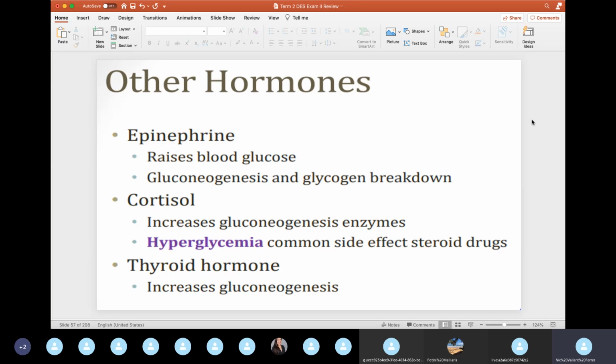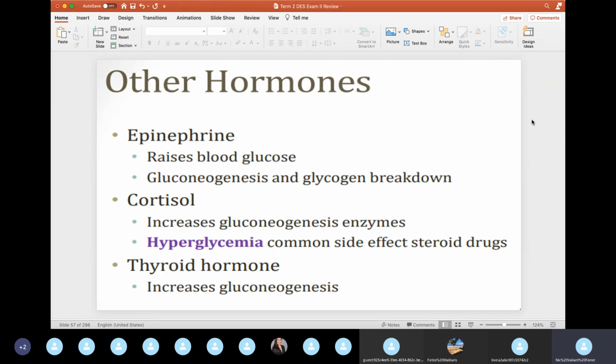This is in the endoplasmic reticulum of your hepatocytes. Question, what is the disease associated with glucose 6-phosphatase deficiency? Von Gierke. Excellent. So this comes from your von Gierke disease.